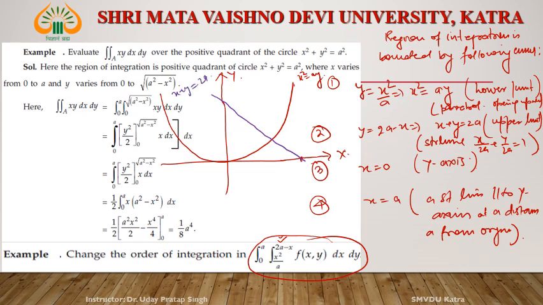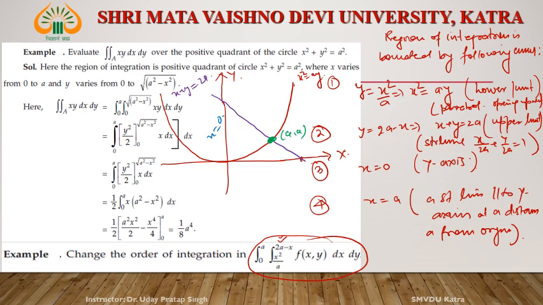Now x equal to 0 is the y axis. Next, x equal to a. What is this point? This point is (a, a). This is the point of intersection.